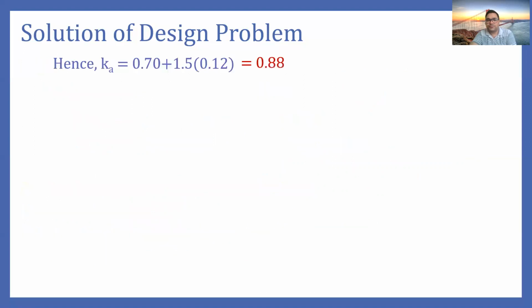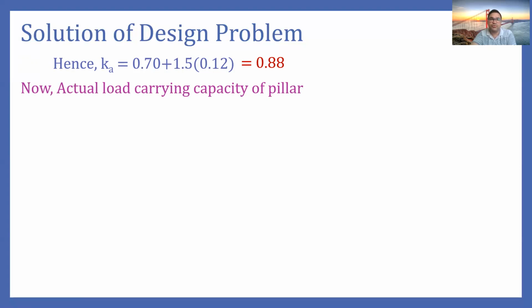Now we will find the actual load carrying capacity, because we know the actual values of FB, KS, KA, and we also know both dimensions of the pillar. So what will be the actual load carrying capacity of the pillar, that we have to find out.